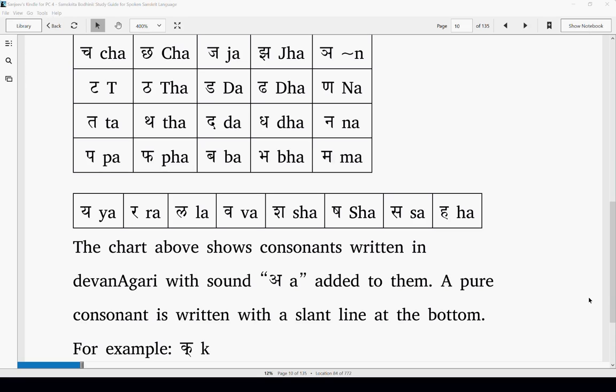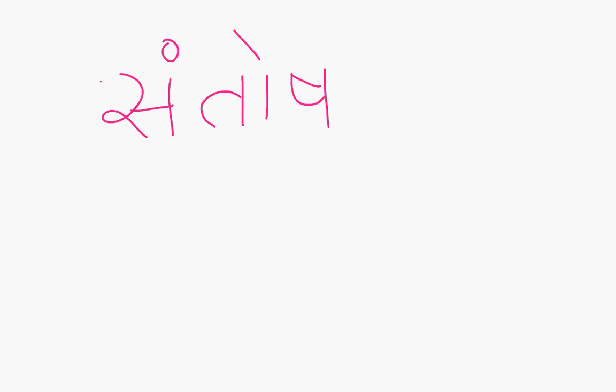We talked about this anuswara, but let's say in your name there is Santosha.